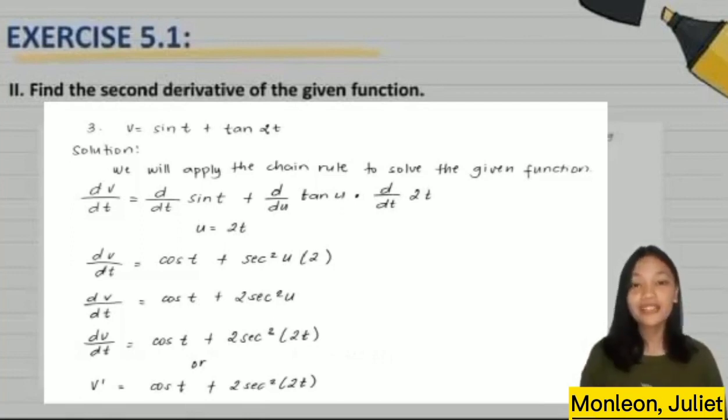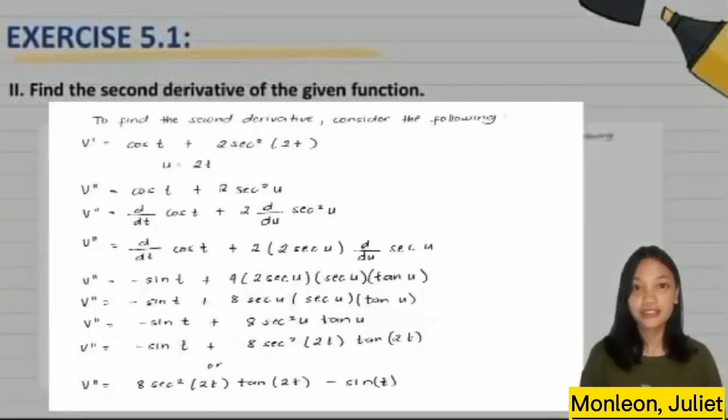We multiply the secant squared u by the constant 2, which results in 2 secant squared u. After that, we substitute the value of u, which is 2t. So, the first derivative of v with respect to t is equal to cosine t plus 2 secant squared 2t.